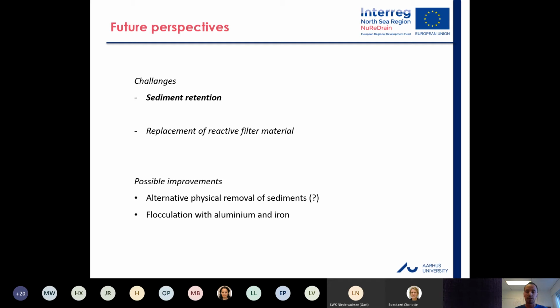There are, of course, other small challenges, including the replacement of the reactive filter material, which appears to be clogged and less effective. As possible improvements, we are looking at alternative physical methods for removing the sediments, or alternative chemical methods, which include flocculation with aluminum or iron.